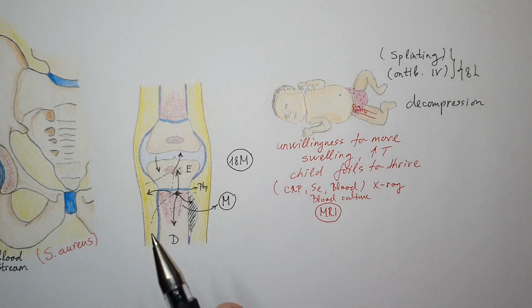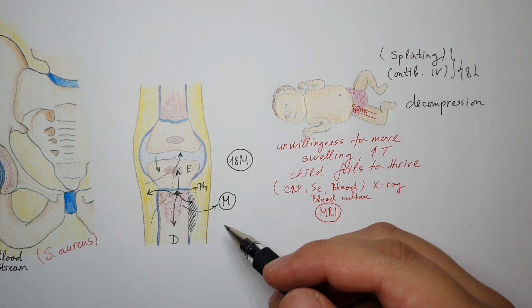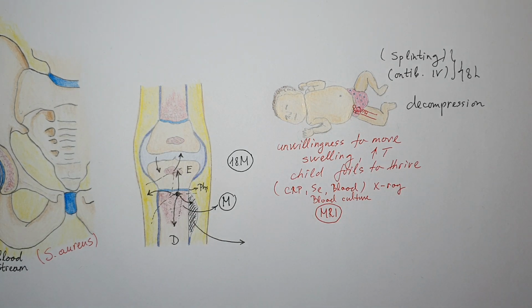A complication can also be abscess formation. So subperiosteal abscess formation can happen.